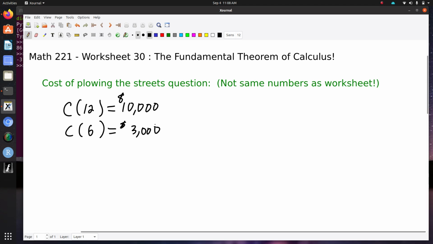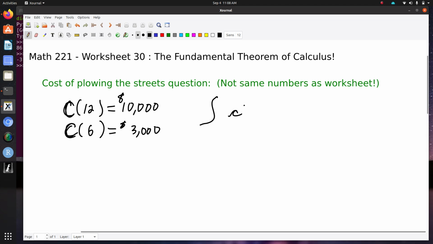Hopefully that makes sense. So this is the model we're working with, and we want to know what is going on here. If we know that it takes $10,000 to remove 12 inches of snow and only $3,000 to remove 6 inches of snow, then what you're using is this little c. This is a capital C, which says the total amount to remove that much snow.